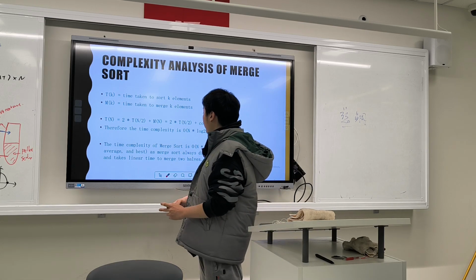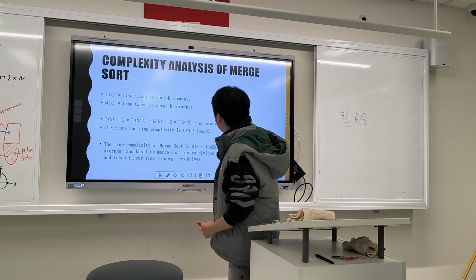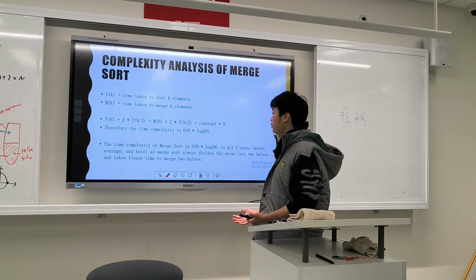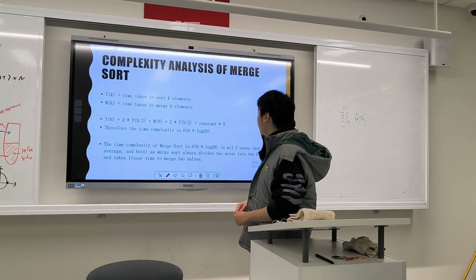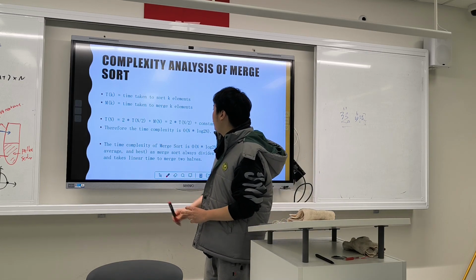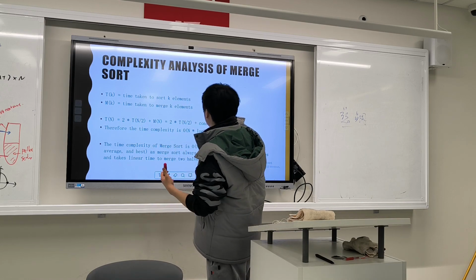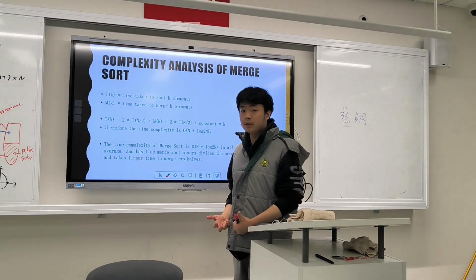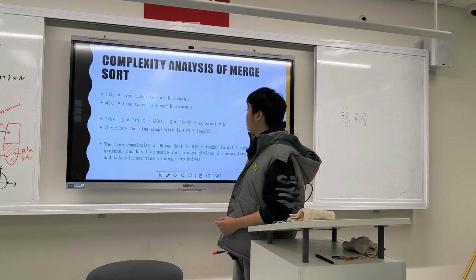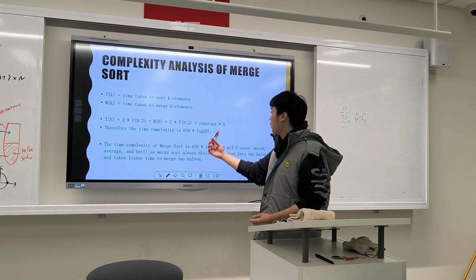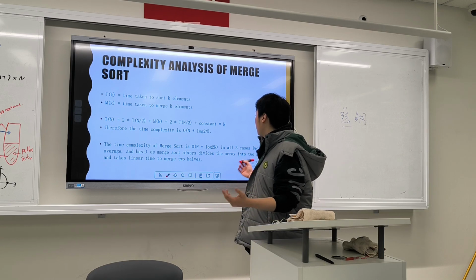So we can use this expression T(n) to represent the total time we need. This expression also contains T, because it is a recursive process, and through this expression we can know that the time complexity is O(n log n).